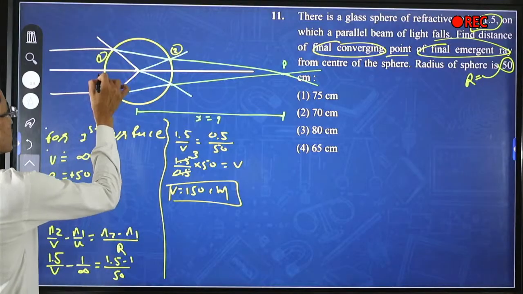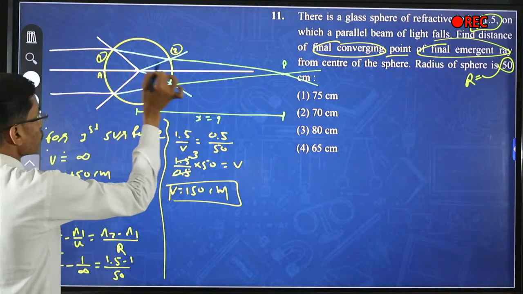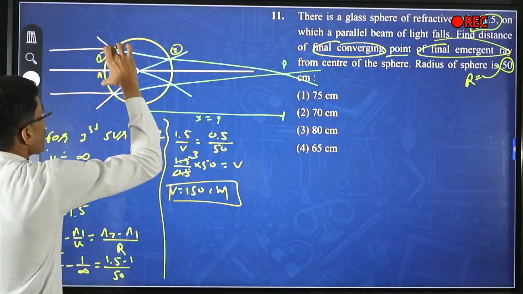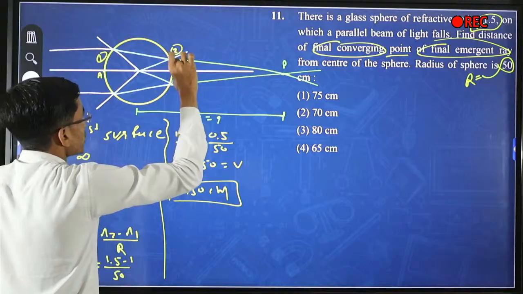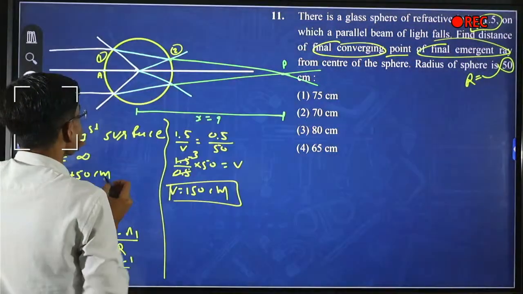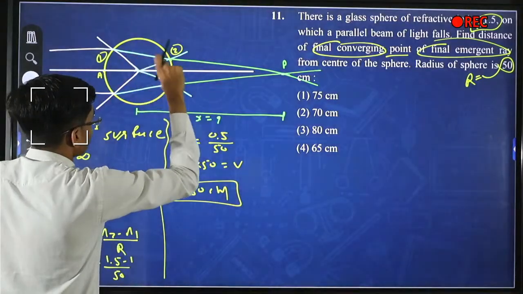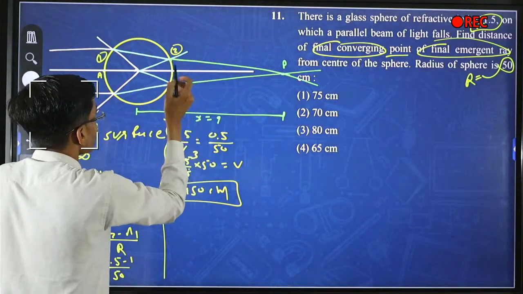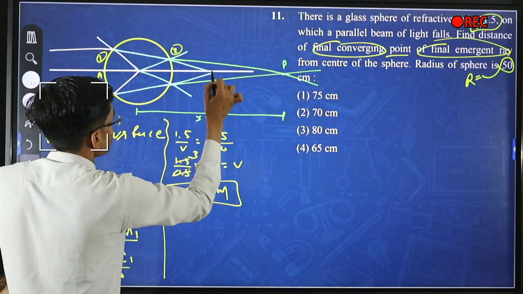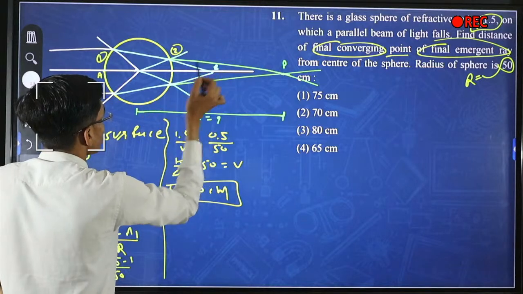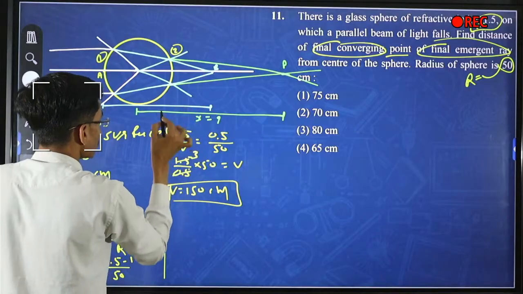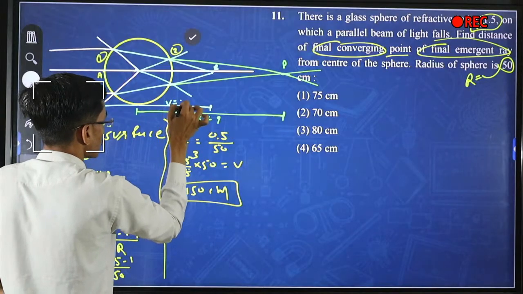This 150 centimeter is the distance from this point, let us say A. From A to 150 is where these blue rays are converging. If we move this ray further away, then we will get this point, let us say B, and the distance from point A to B is given as v equal to 150 centimeter.